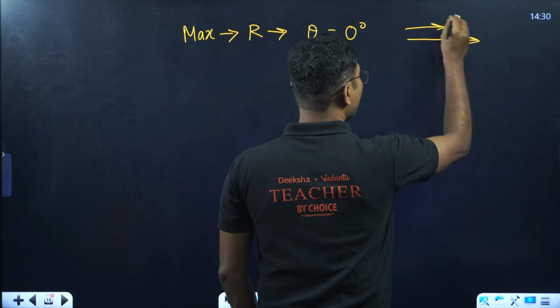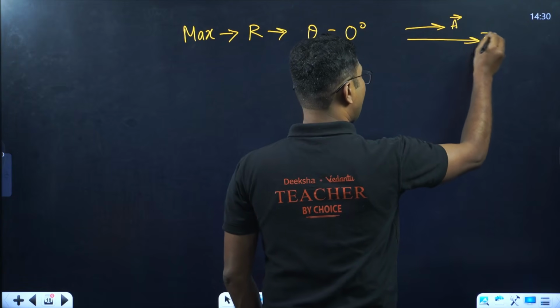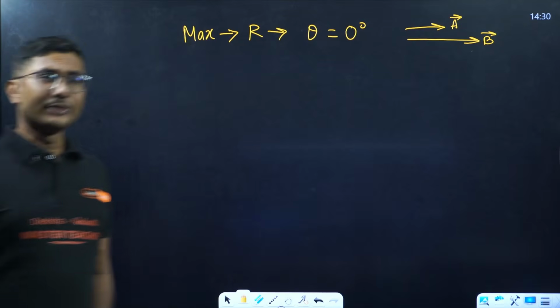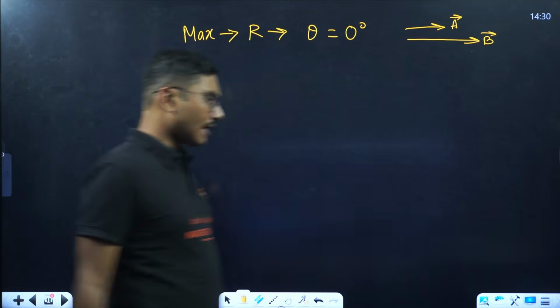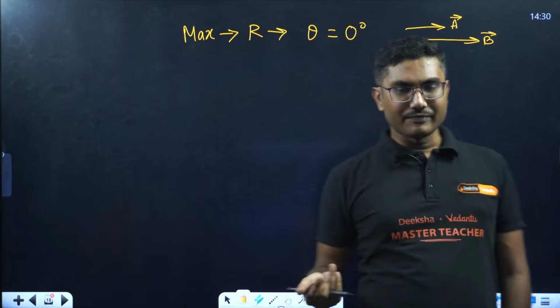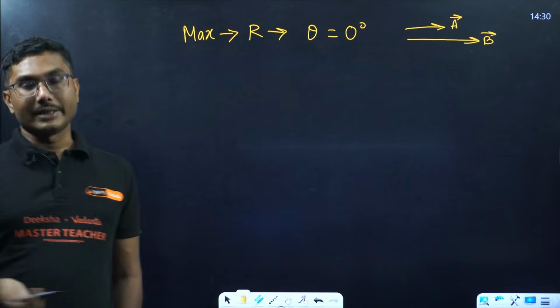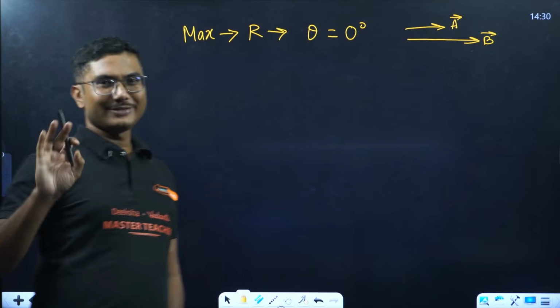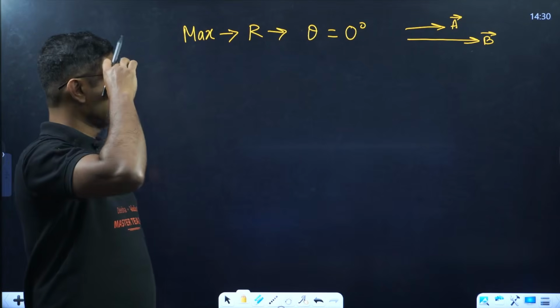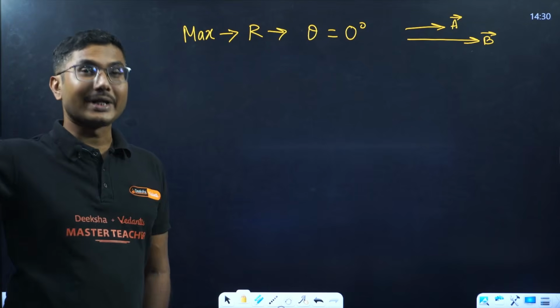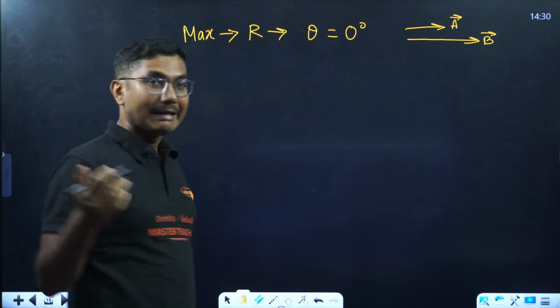Based on that, 2 or 3 marker questions have been asked in the past, so you need to know that. They ask, if 2 and 5 vectors are there, what is the maximum and minimum possible resultant? So the maximum resultant is when the vectors are in the same direction, angle is 0.